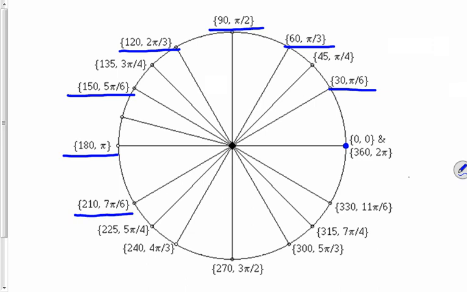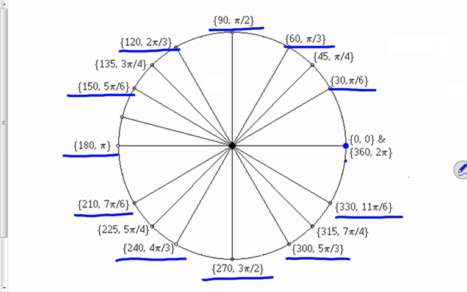210 degrees is 7 pi over 6, which does not reduce. 240 degrees is 8 pi over 6, which reduces to 4 pi over 3. 270 degrees is 9 pi over 6, which reduces to 3 pi over 2. 300 degrees, 10 pi over 6, which reduces to 5 pi over 3. 330 degrees, 11 pi over 6, which does not reduce.